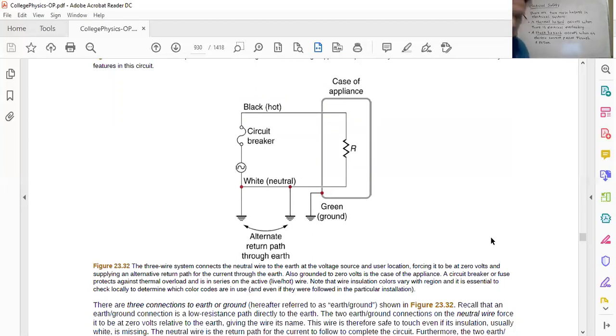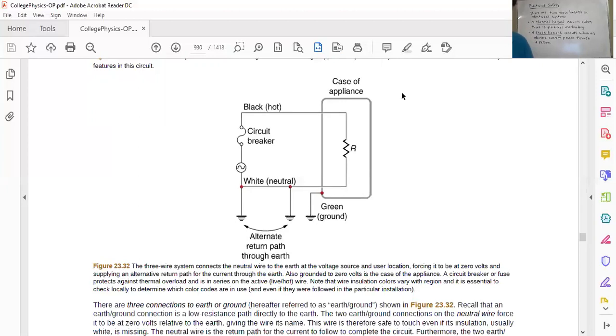Most households have what's called a 3-wire system. If you plug in a lot of things, there are 3 prongs. Your outlet has 2 parallel plugs, and on the bottom is a third.